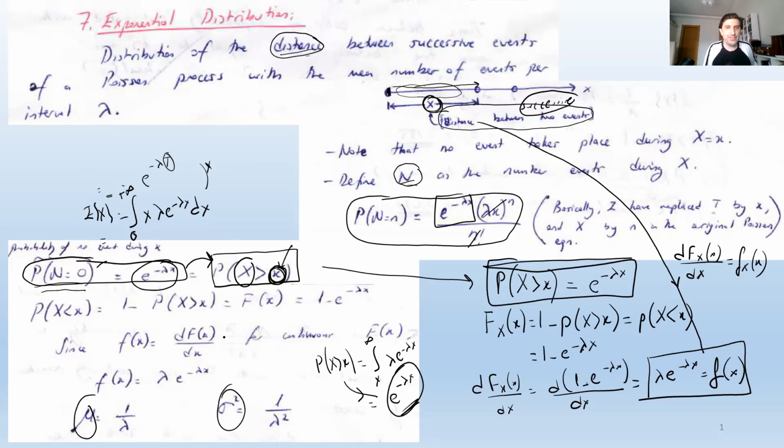I should have mentioned that here. The domain of x is going to be, I think I should not include a 0 here, because at the same time, two events cannot occur. So x is going to be a positive real number. So it's a continuous number.